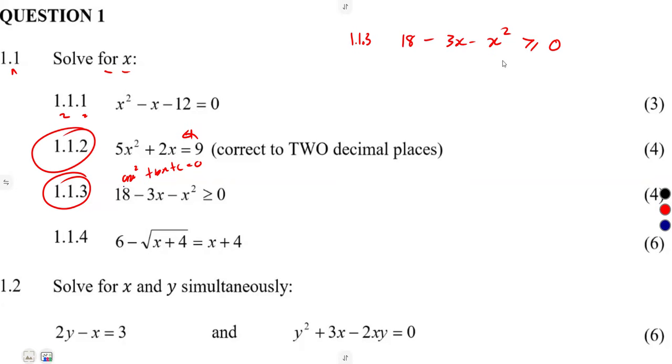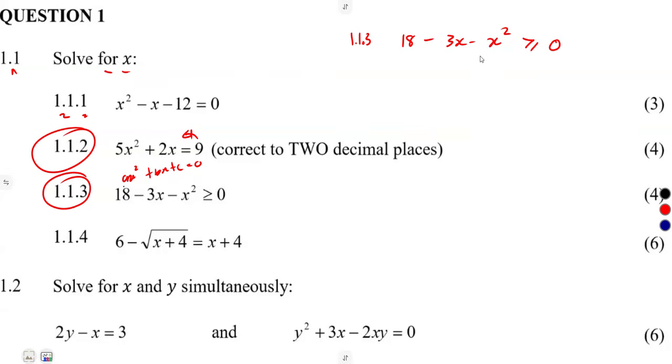In most cases you understand it better when the coefficient of x squared is positive. You can do your factorization, then consider the critical values, then determine the exact solutions. Or you can rearrange and make the coefficient of x squared a positive.